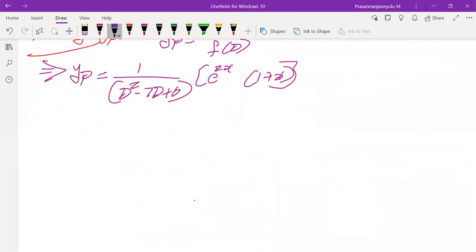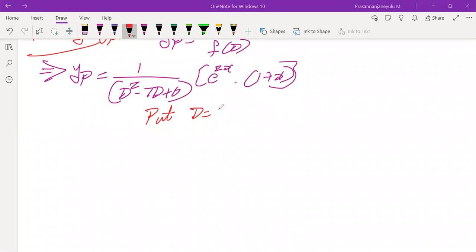Anybody can say? A very important point is, for example, if we had e power 2x plus 1 plus x, this would be type 1, and this type 2, sorry, type 3. But here it is not plus, it is a product. In case of a product, we have to go for type 4.